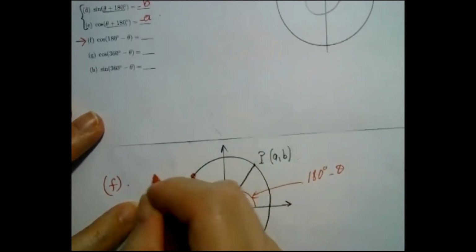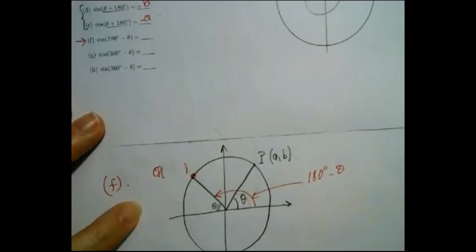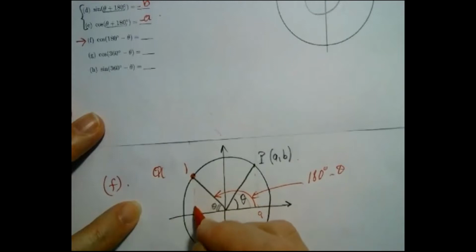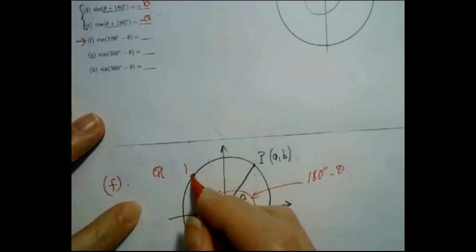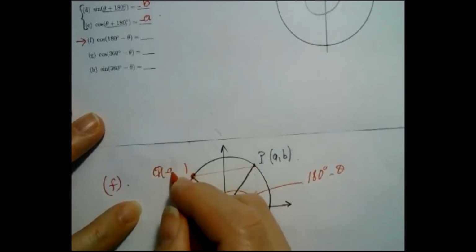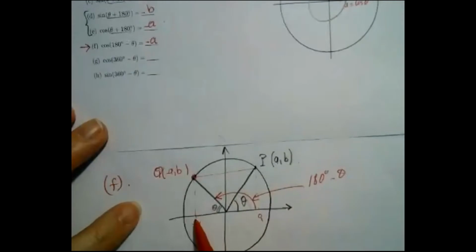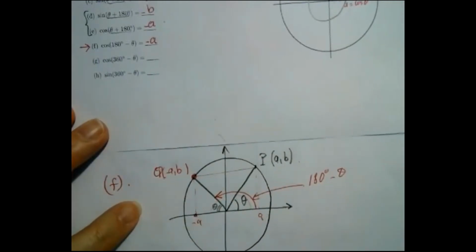So I want the coordinate of this point because I want the cosine. By symmetry, if this is A, this is minus A. The y is the same, so that's minus A and B. So the cosine has to be minus A because the cosine is the x coordinate.